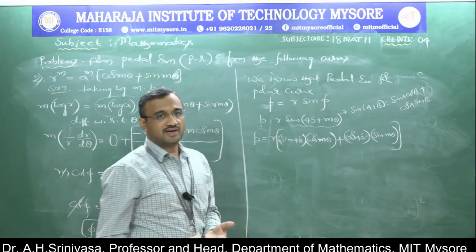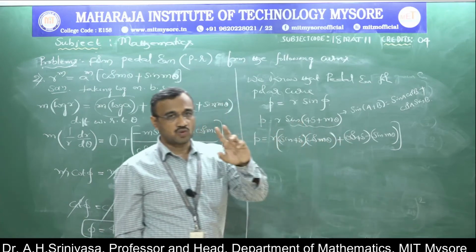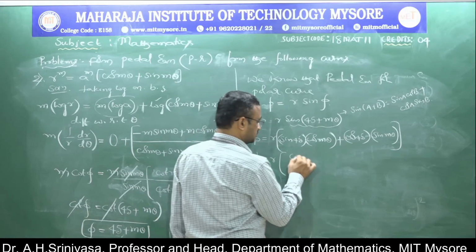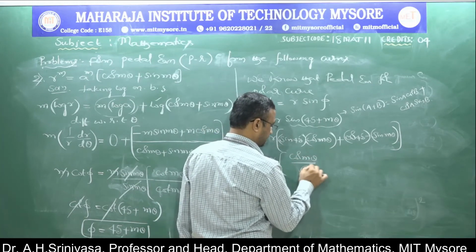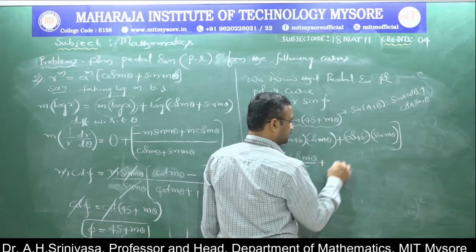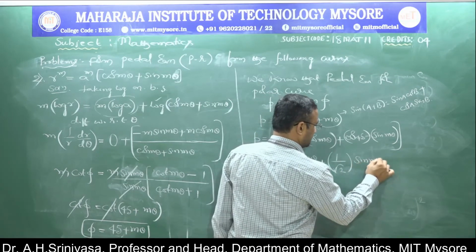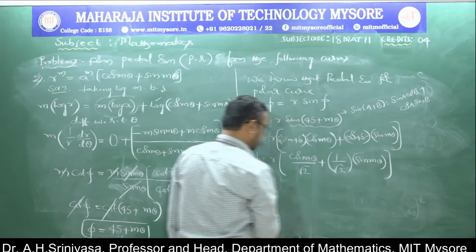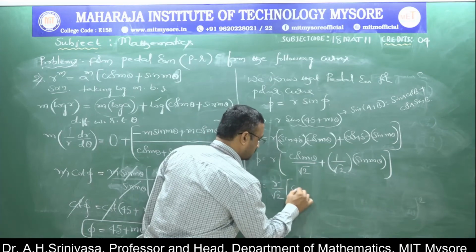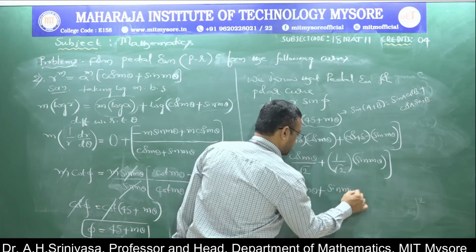Okay. We know the value of cos 45 and sin 45 is 1 by root 2. In place of sin 45 you put 1 by root 2 into cos m theta, plus 1 by root 2 into sin m theta. From these two take a common factor of 1 by root 2 outside. We have cos m theta plus sin m theta.